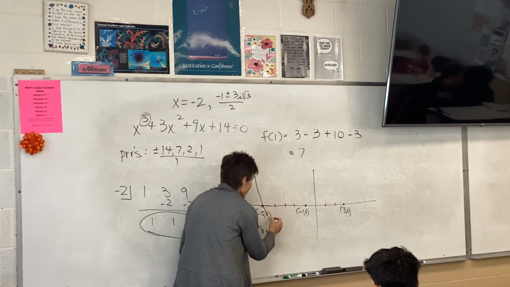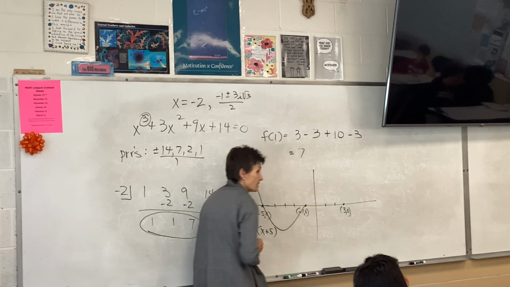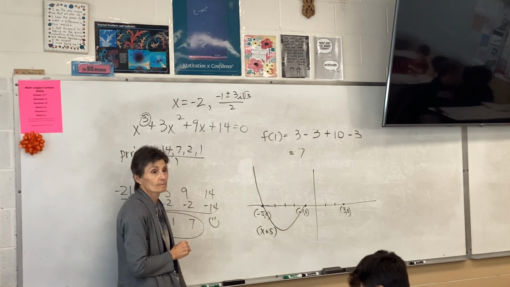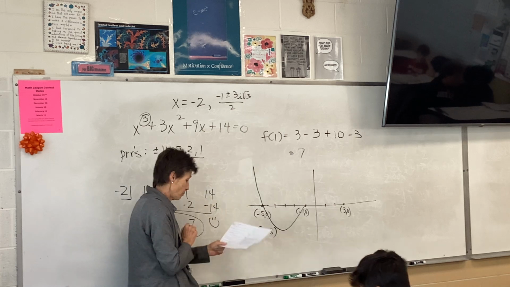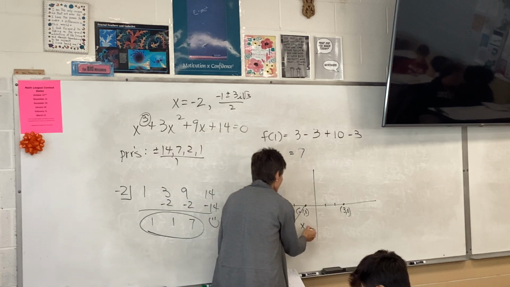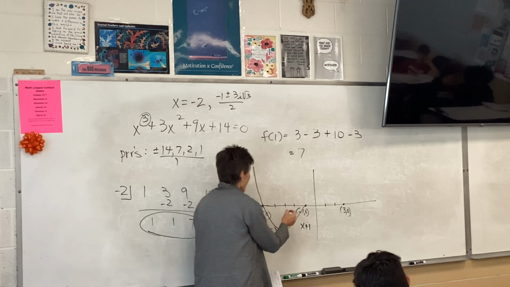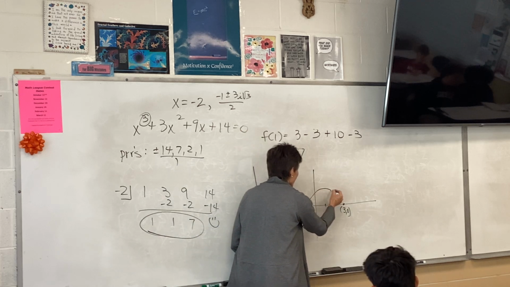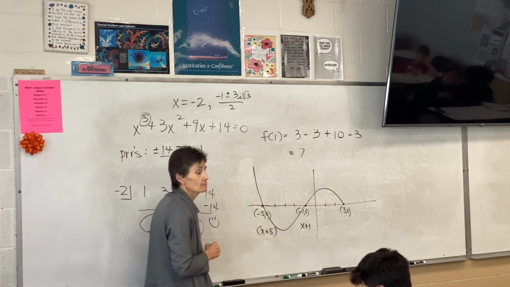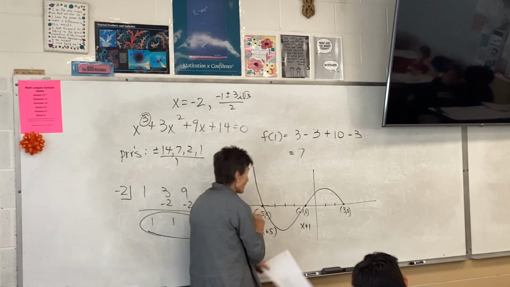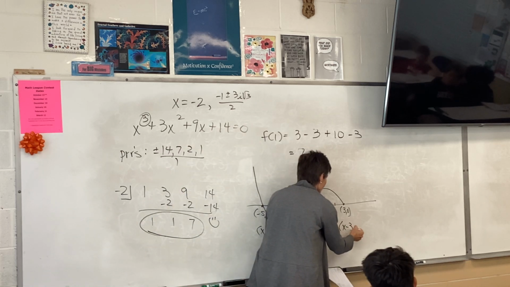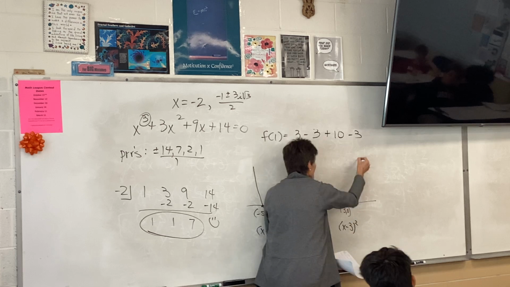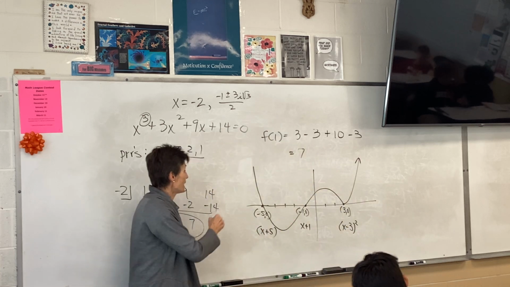So I'm going to go right on through and connect to the next one. That point came from this factor. I'm going to go right on through and connect to that point. That came from this factor, which is squared, so it's going to bounce and head.